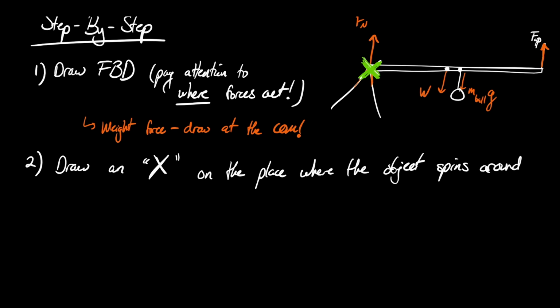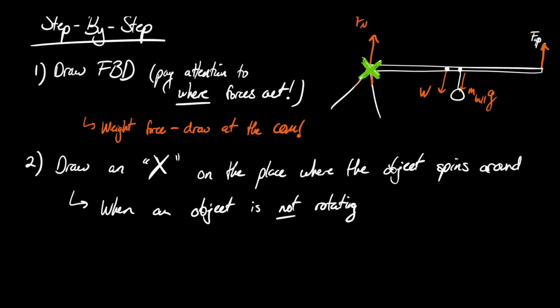Now, there's a little caveat here, and it's that when an object is not rotating, so for example, the problem says all these forces add up so that the meter stick is perfectly still, find this force.